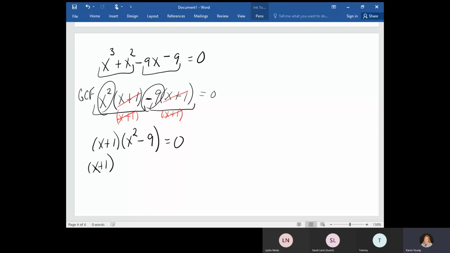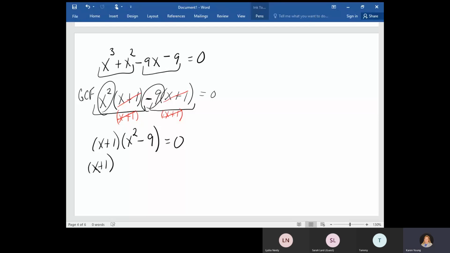So I'm keeping one of them because it's coming out of both of them. If I was to distribute it back to the x squared and back to the -9, I'm undoing my distributive property.